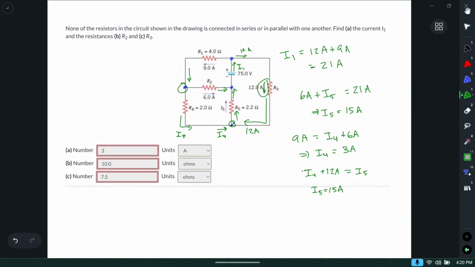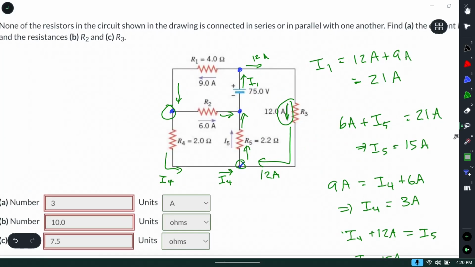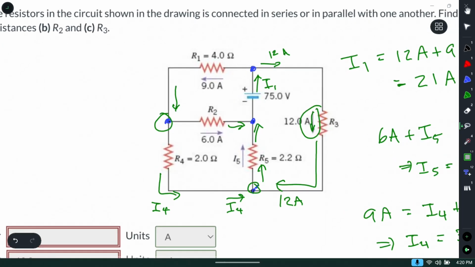Now, the easier way is to just recognize how these currents are flowing through the circuit. It is the junction rule, but it's just doing it without writing out equations. So if I see that 9 amps goes into this junction and 6 amps came out one way, whatever's left over has to come out the other way.